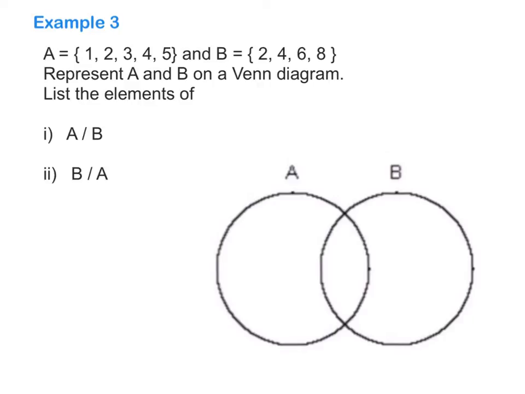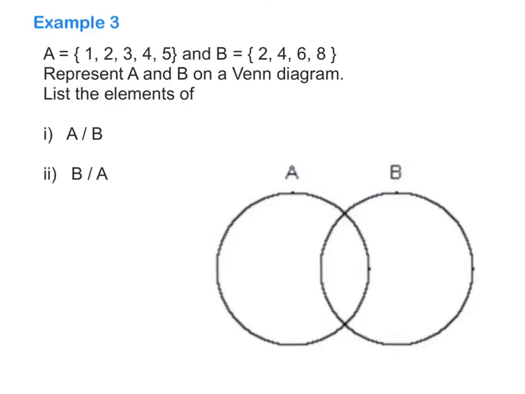And then we need to list all the elements in A but not in B, and the second one is B not in A. So let's start with looking at our set A and B, look at the elements and do we have any common elements in both sets.